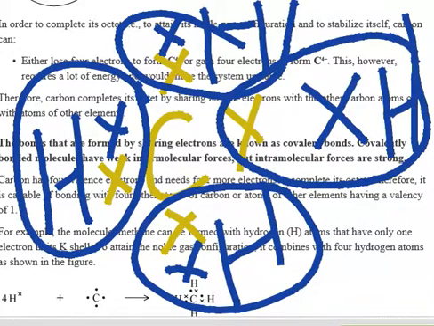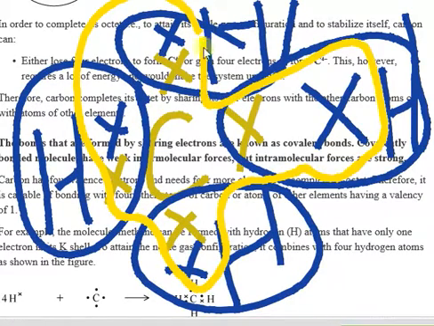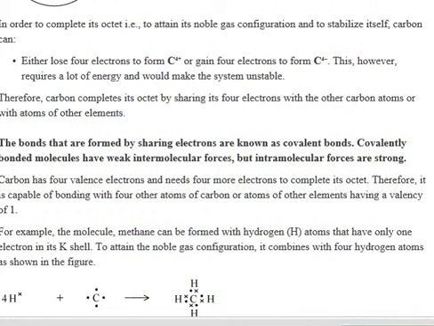Then what about the carbon? The carbon shares its 4 electrons and the other 4 electrons from the hydrogens, and it forms four bonds. This is known as a covalent bond. Finally, we have done this.